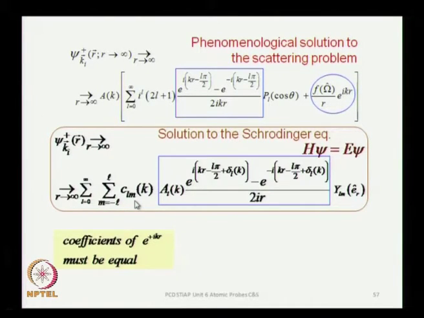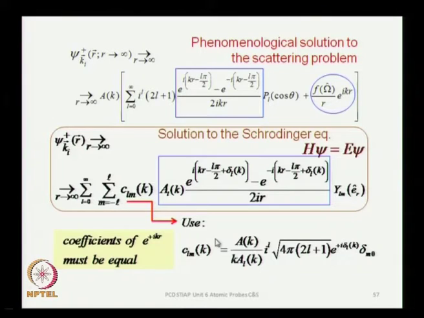In these two forms, this is the phenomenological expression, and this is the total solution to the H psi equal to E psi Schrodinger equation. These two solutions must be equal, and they must guarantee that the coefficients of the outgoing waves are equal. This coefficient involves C_lm, which we obtained explicitly in our previous class.